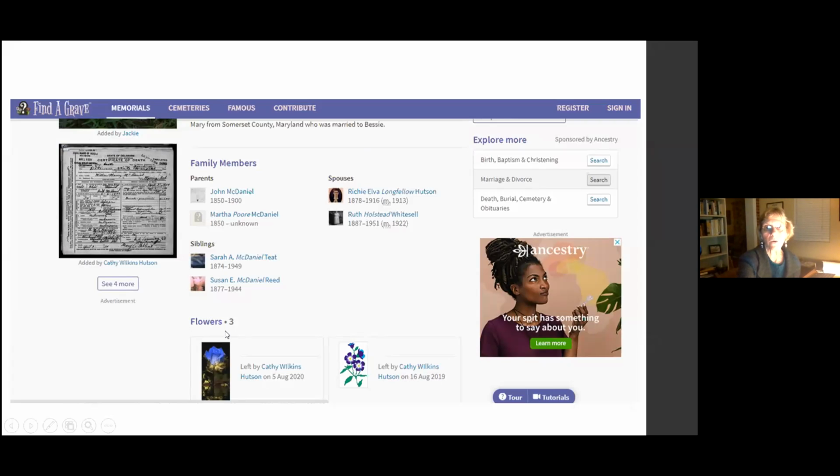And you see here flowers. Somebody left virtual flowers, if you will, for this person. So they might live in California or who knows where, but they can still, through this website, put a little memorial, which I thought was very interesting. And for people doing genealogy research, something like this is really invaluable.